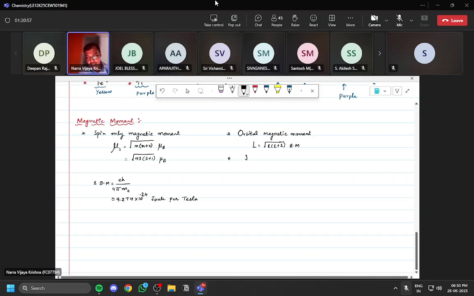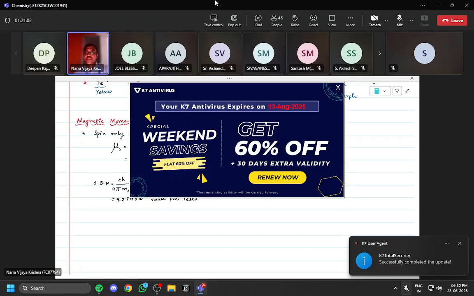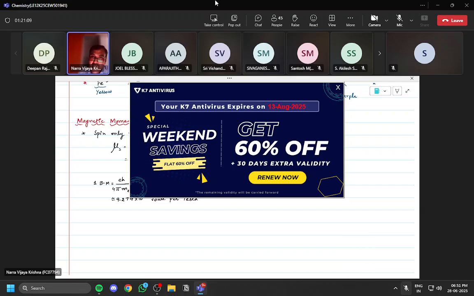We write mu is equal to L plus S. Or we also write mu is equal to root of 4S into S plus 1 plus L into L plus 1, mu B.